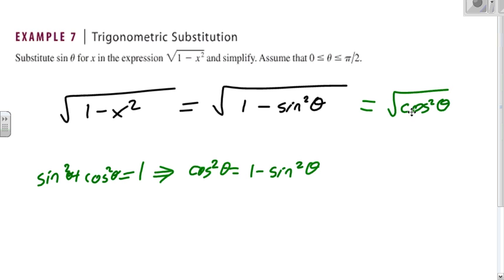And now it's just one thing that we can take the square root of. So the square root of cosine squared would just be cosine. This is a method that actually helps a lot when you get into calculus to use this trick several times.